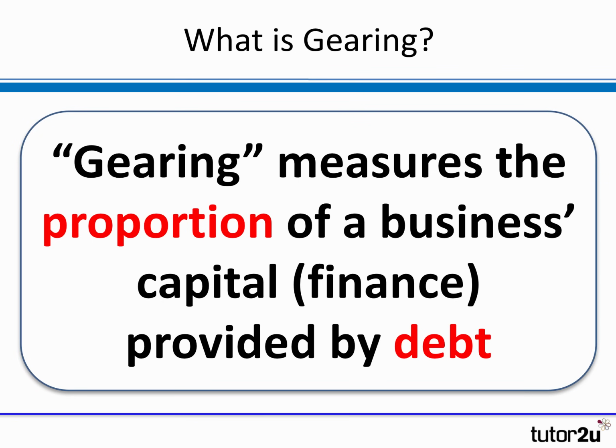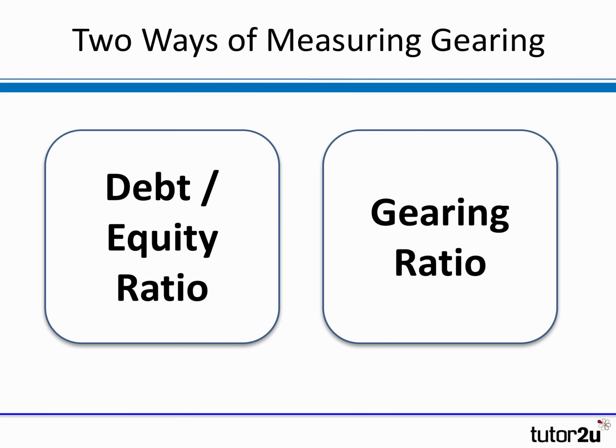And the idea of gearing is to try to measure the proportion of a business's capital that's provided by those two things, by equity or share capital and by debt.